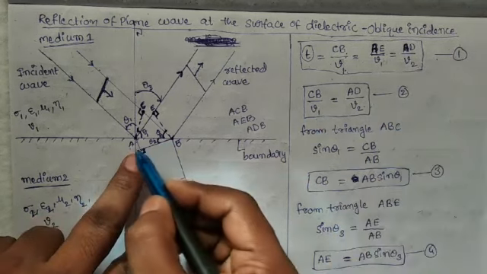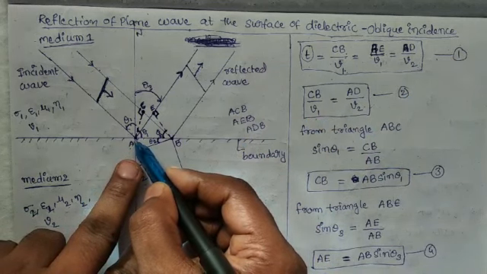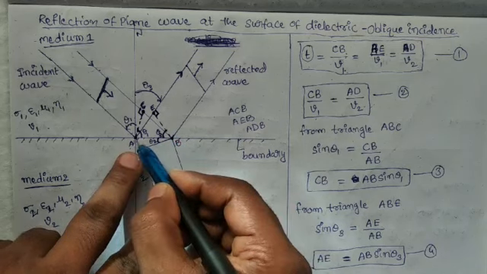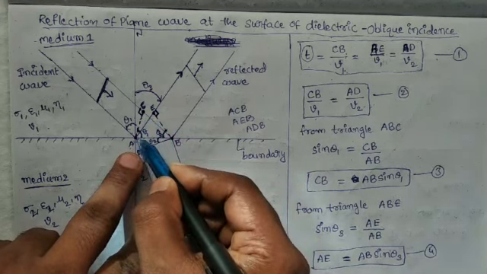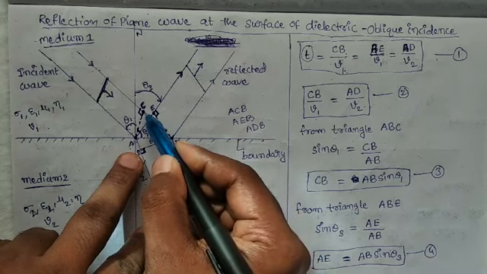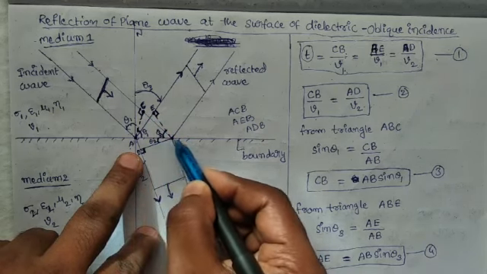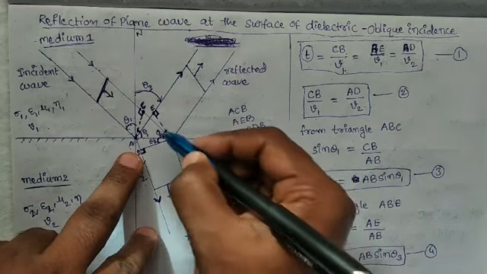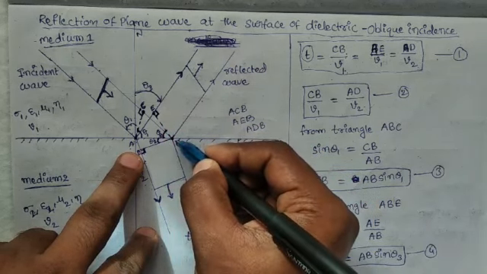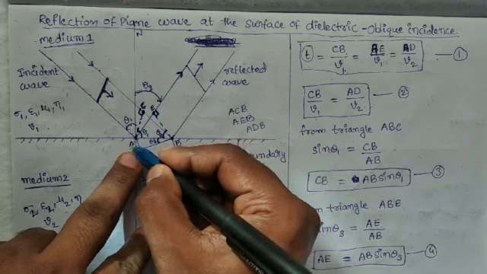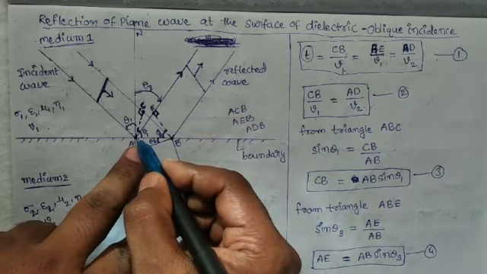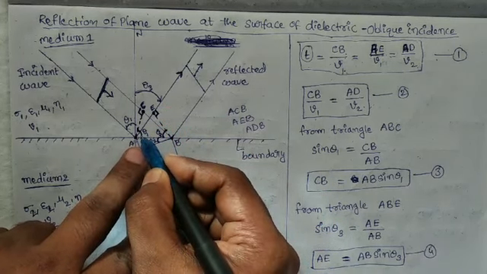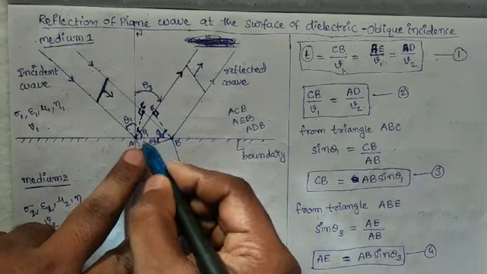From triangle ABC, observe triangle ABC. AB is the hypotenuse. From this triangle, sin θ1 is equal to opposite by hypotenuse.